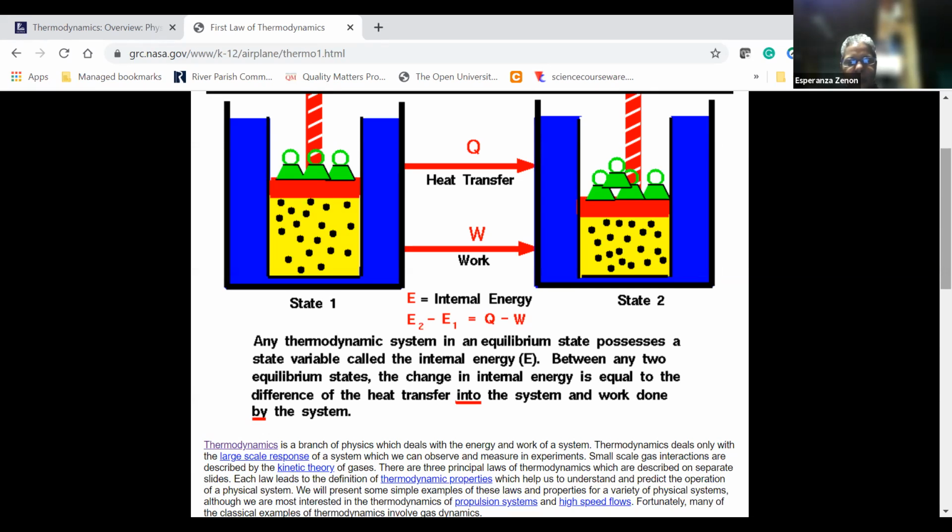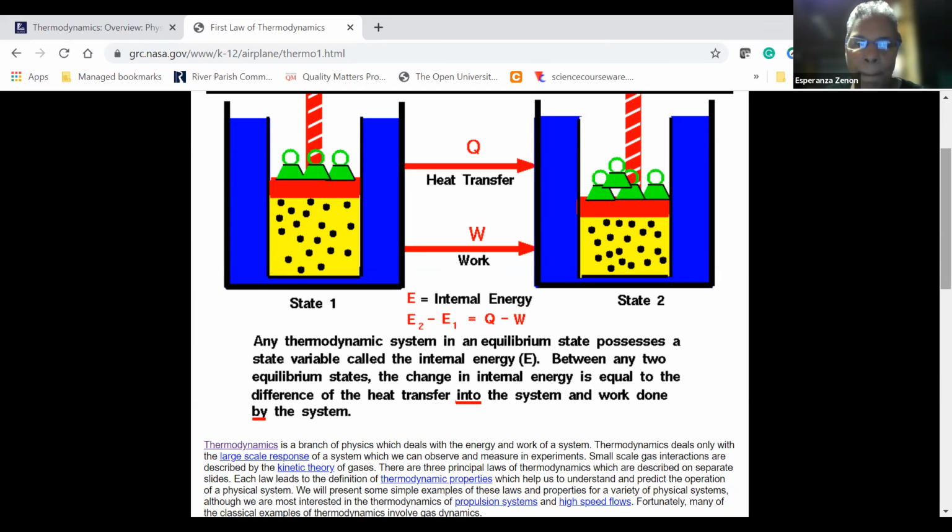Gas in, that's Q. W out, that's the movement of the car. You're never going to have 100% fuel efficiency, meaning all of the fuel that you put in, Q, is never going to equal the motion of the car, W. Some of it's always going to get wasted. How do you know it's going to get wasted? Just touch the hood of your car after you've moved it around and you'll notice that it feels warm. Well, that's energy being lost, right?